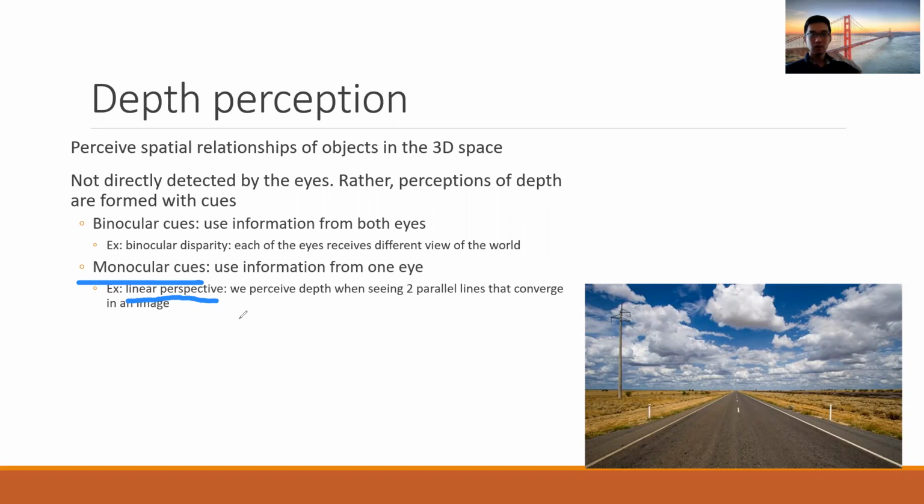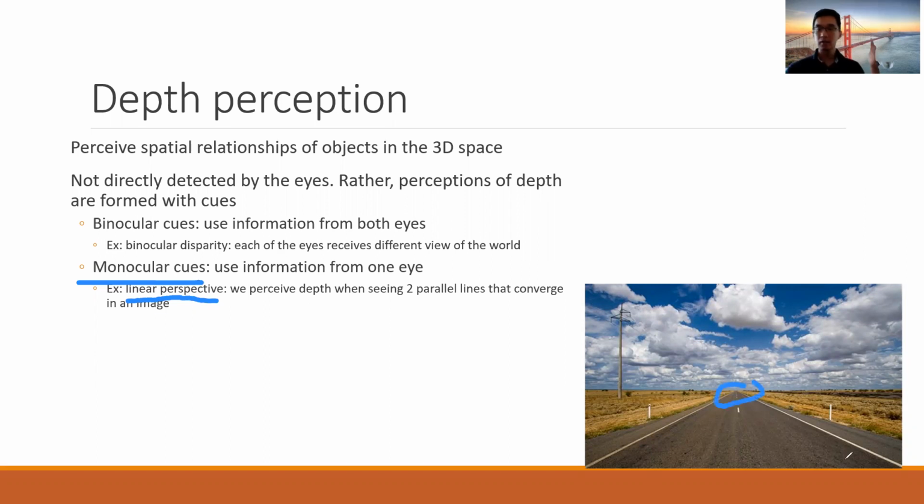in an image. So for example, in the picture on the right, you can see a road, right? You can see the blue sky and the clouds, and you can see there is a road in the picture. You can see that the parallel lines converge into one focus point in this image. It is here.